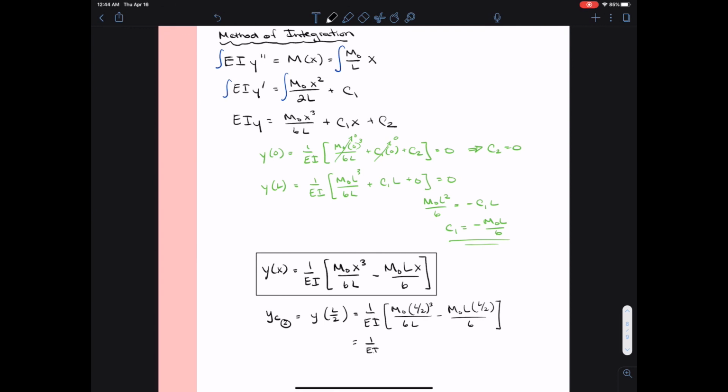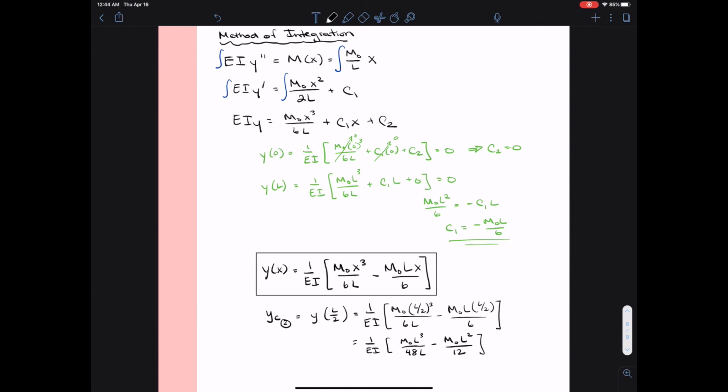Working through our algebra, we end up with 1 over EI times M0 L cubed over 48L minus M0 L squared over 12.